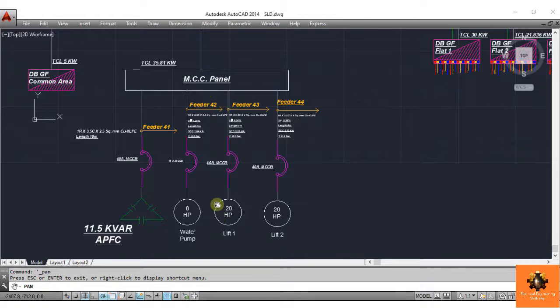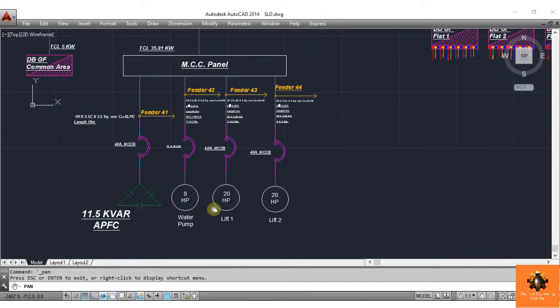Let's suppose in this building there are 3 motors. These 3 motors are installed, one for water pump and these 2 for lifts. But other than these 3 motors, there may be some other motors also, like firefighting pump or jockey pump.